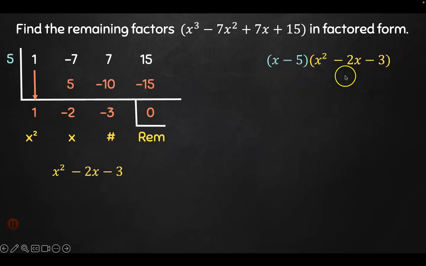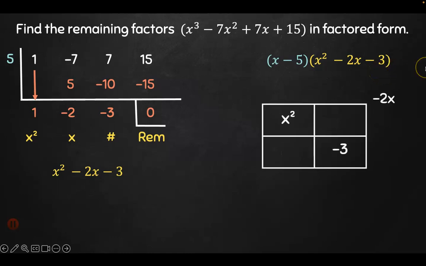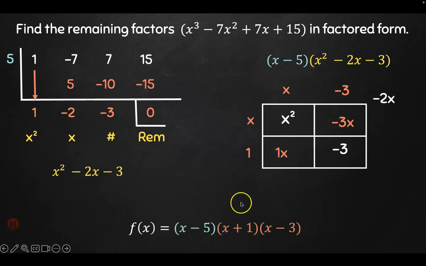Now, is x squared minus 2x minus 3 able to be factored again? Let me try my box. I get x times x, and then I have 1 and negative 3 that are going to multiply to that negative 3, but they're going to add to get me that negative 2. So this yellow, which was x squared minus 2x minus 3, is factorable, and you get x plus 1 and then x minus 3.